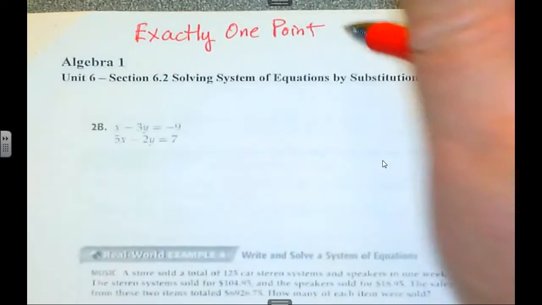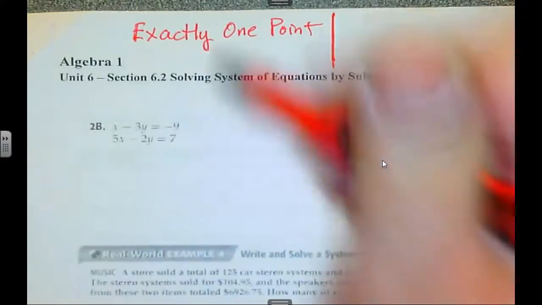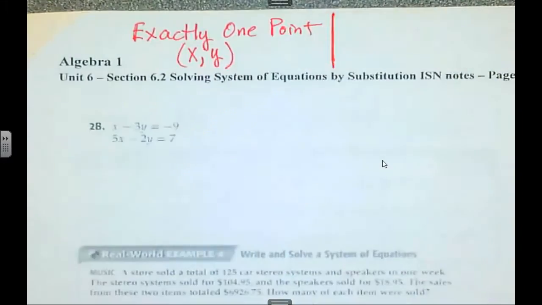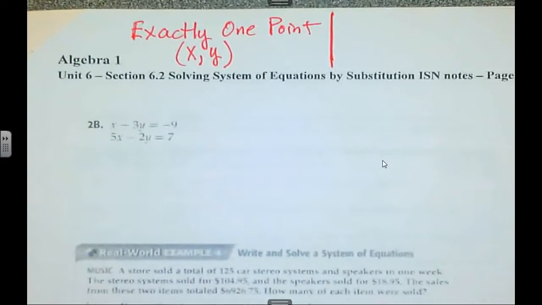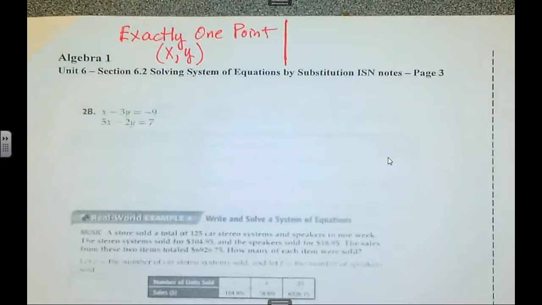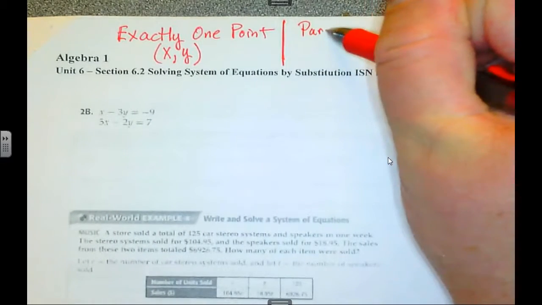Okay, I have exactly 1 point, and you have to put it in what? An ordered pair, right? What was the second scenario? When we were graphing two lines, they could intersect, and I'd have exactly 1 point for the intersection. Then I had parallel lines, right?